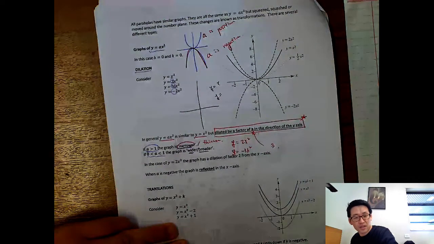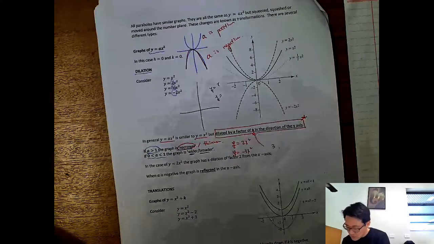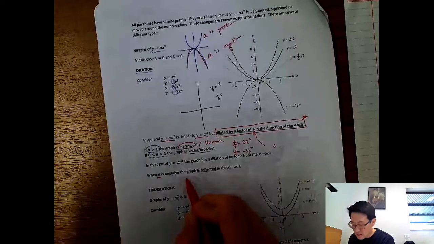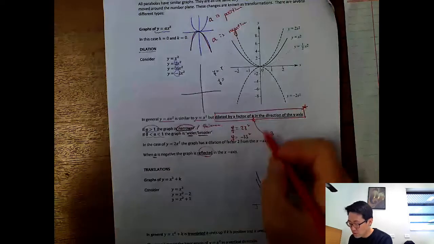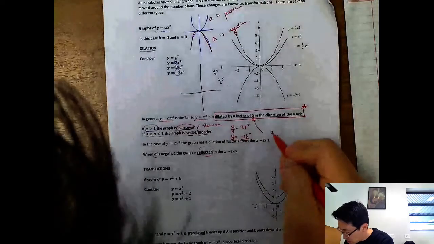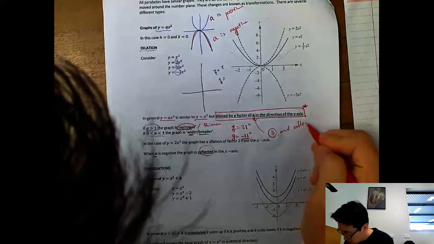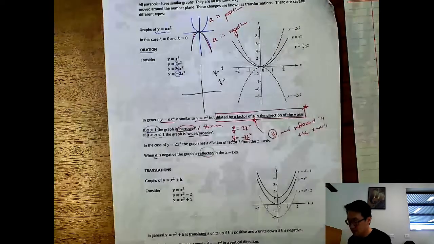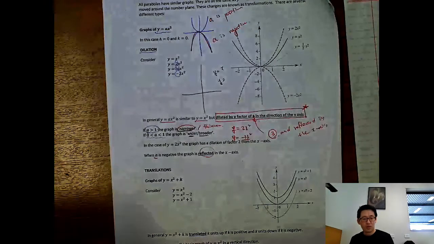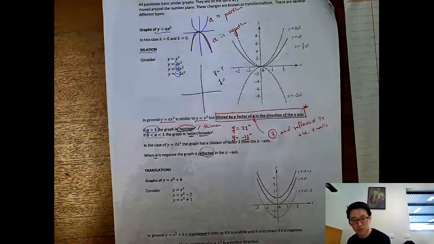The dilation factor is just how much narrower or wider. And when a is negative, the graph is reflected. That's simple enough. So if that's negative, I write down dilation factor is 3 and reflected in the x-axis. They reflect it the other way from the x-axis, so you have to write down both.